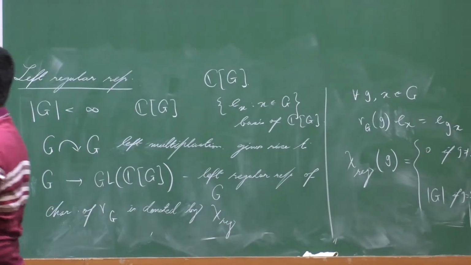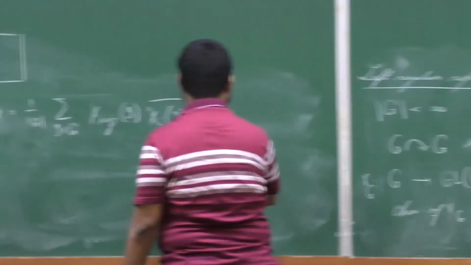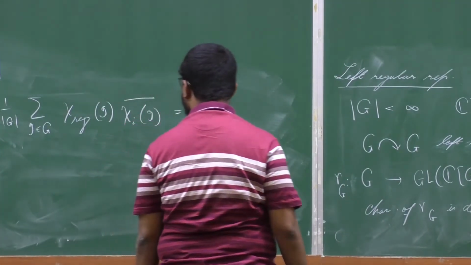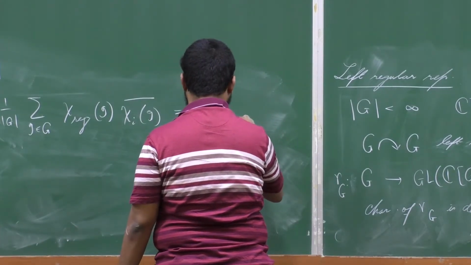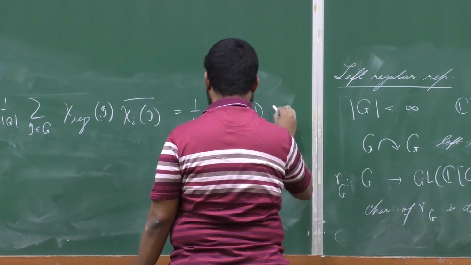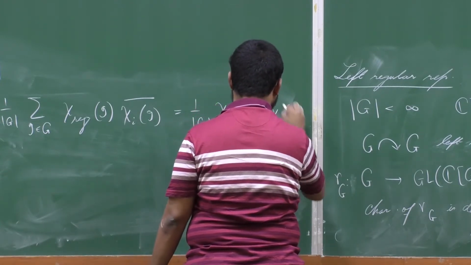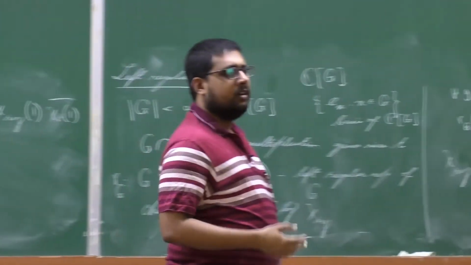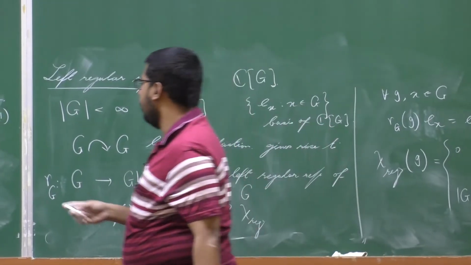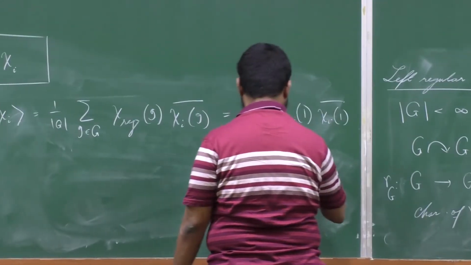So, therefore, the only thing that survives here is this fellow and chi I of 1 bar, and we have already seen that chi I of 1 is nothing but the dimension of Wi.